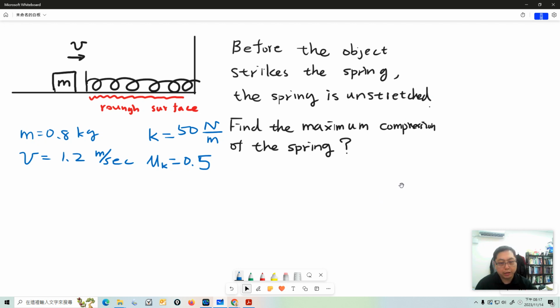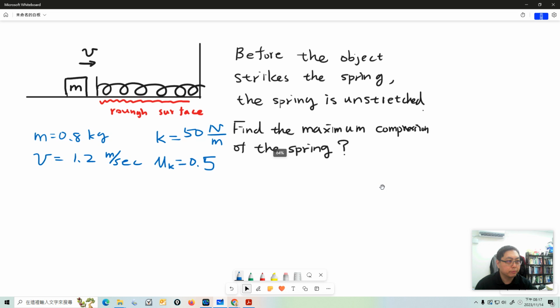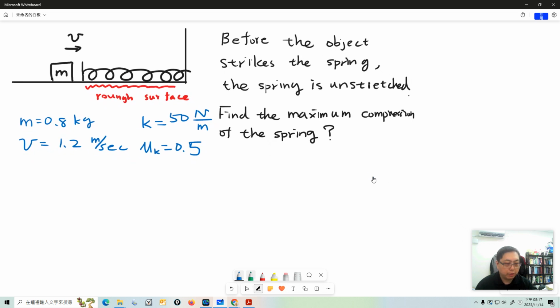Like I said, we use energy conservation to calculate this problem. For energy conservation, we need the information of the initial state and the final state: the potential energy and the kinetic energy of the initial state, and of the final state.